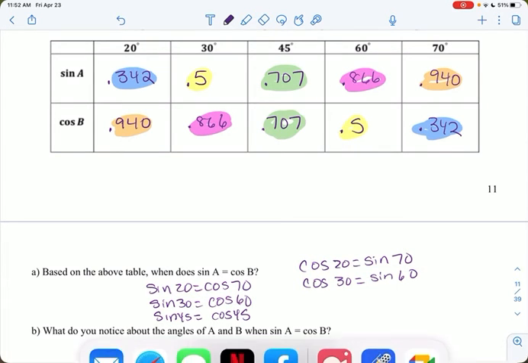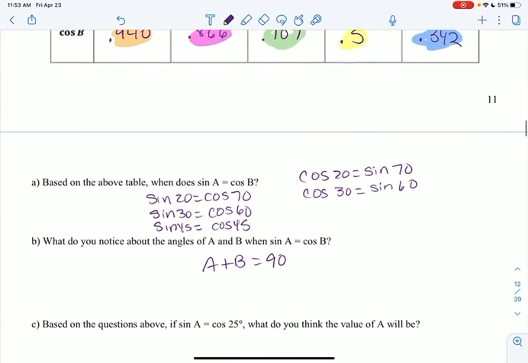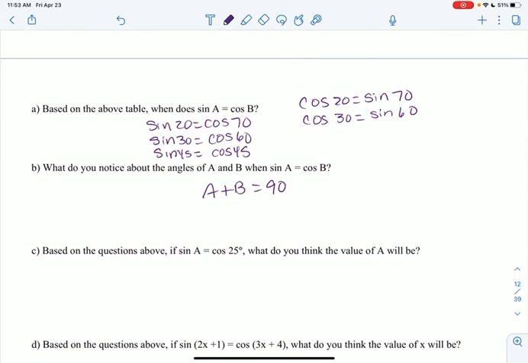What do you notice about angles A and B when the sine of A equals a cosine of B? Well, the angles, look at them. I got 20 and 70, 30, 60, 45, 45. The angles equal 90. A and B are complementary angles, all right? They equal 90. So based on what we just noticed, if the sine of A equals a cosine of 25, what do you think the value of A would be?